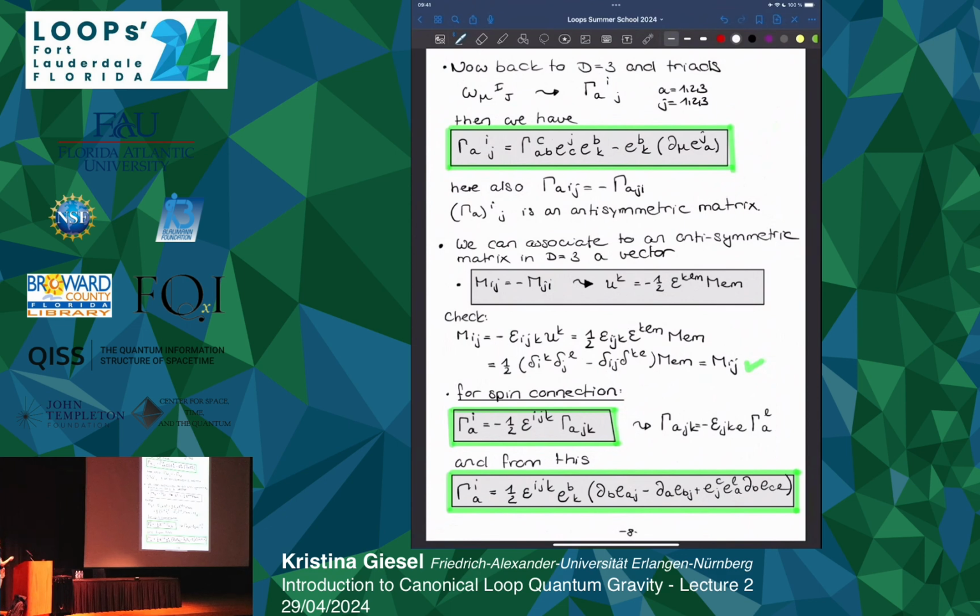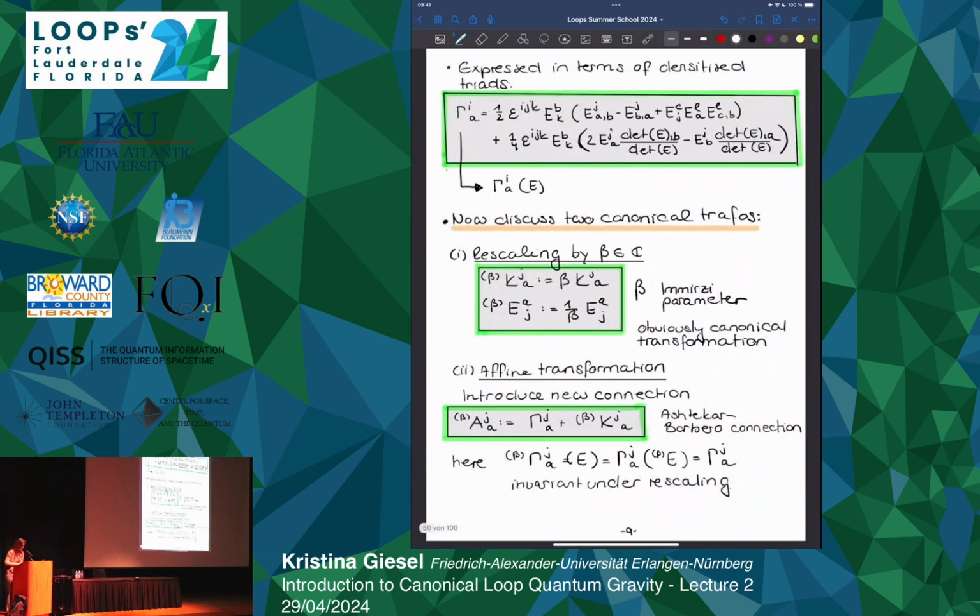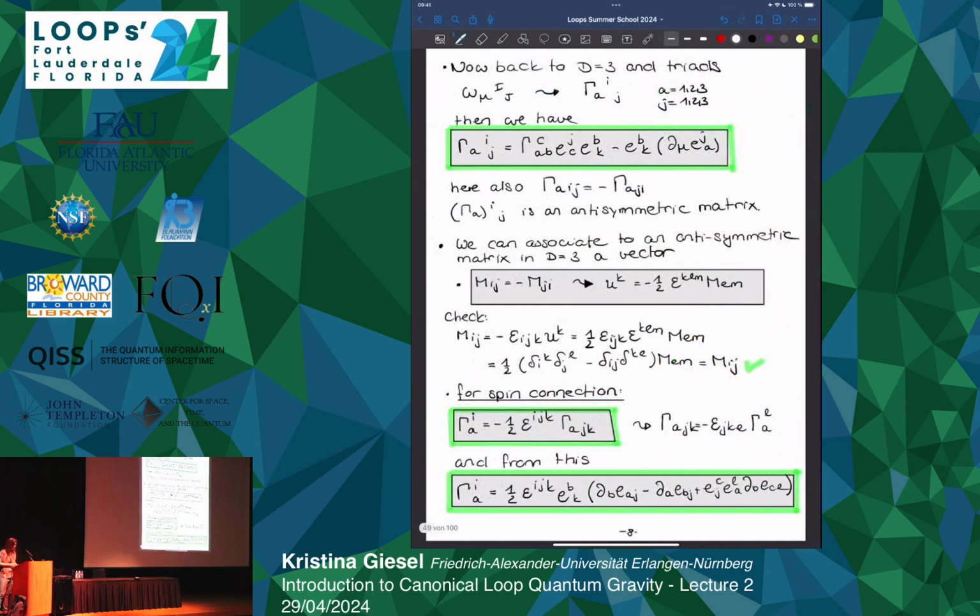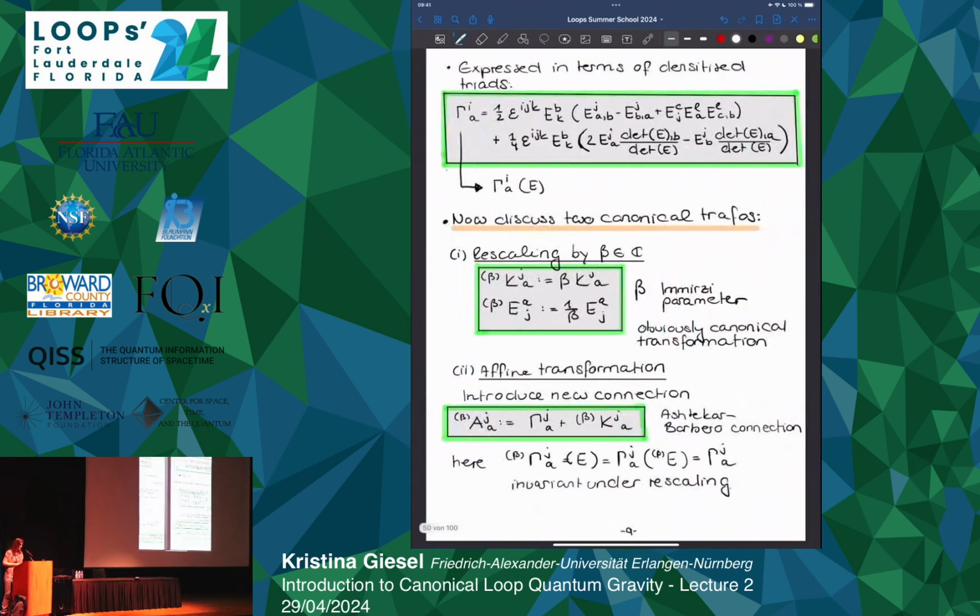Now, from this relation here, this can be carried over to a relation of gamma_a^i in terms of triads, cotriads, and its derivatives, and it includes this additional epsilon factor here to go from here via there to that final equation. Now we want to express, here it was still in terms of triads and cotriads, we want to express this in terms of the elementary variables, so in terms of the densitized ones.